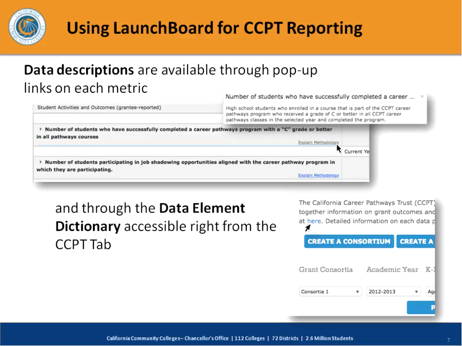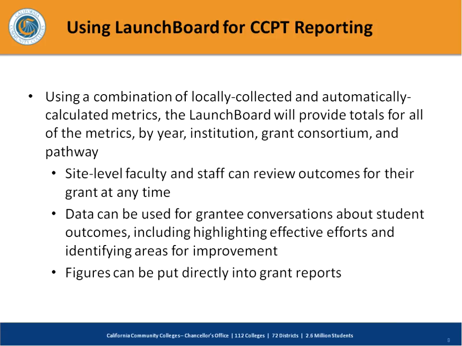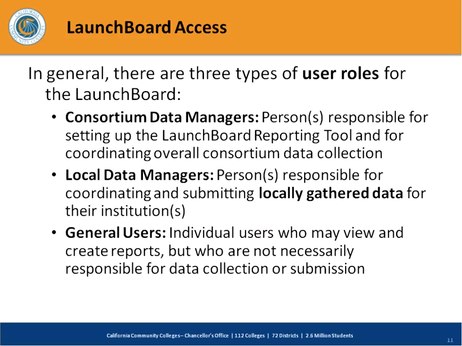So because there's data that has to come from a number of different sources, that's why we've asked you to identify a number of different roles. And those are the three major roles that are identified here. Because we have to have you create a consortium, we need somebody who's going to have the authority to indicate which individual institutions are part of your grant.